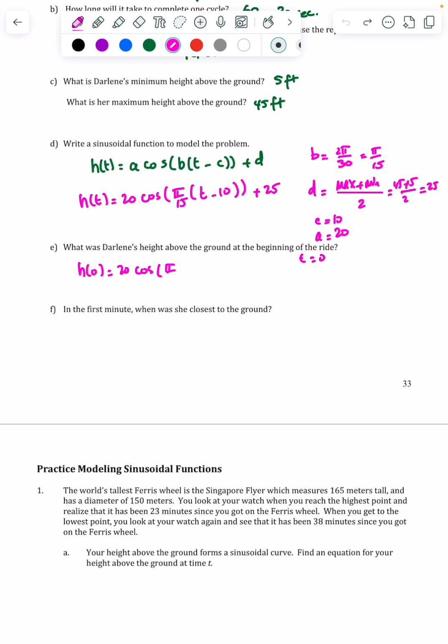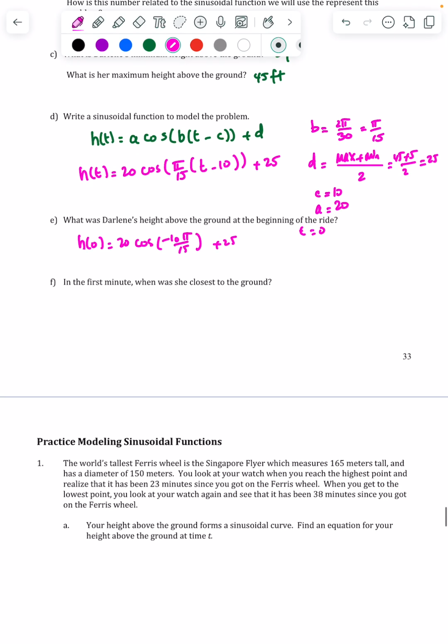So let me clean this up. This is negative 10 pi over 15 and then plus 25. So this will be 20 cos of, divided by 5, negative 2 pi over 3, plus 25.